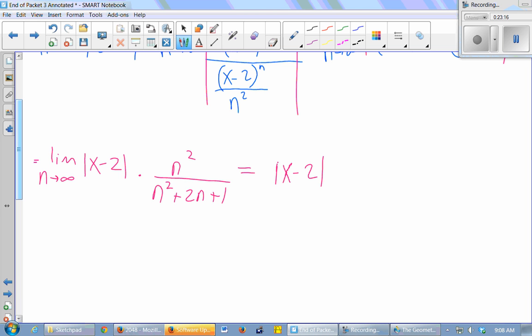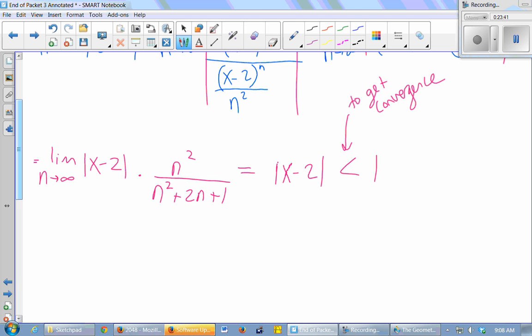And in order to get convergence, that limit has to be less than 1. I have to force that to be less than 1.